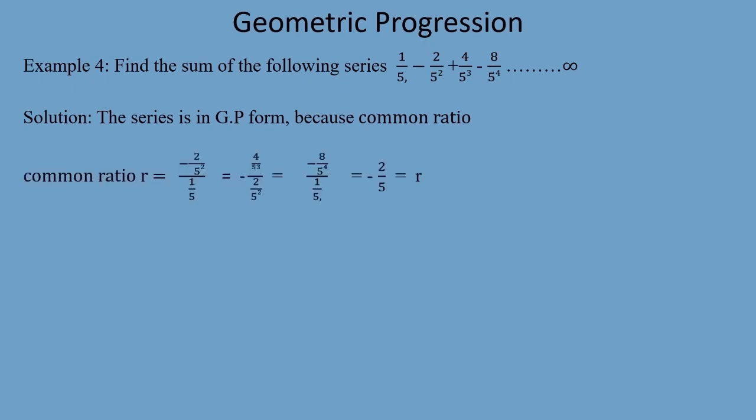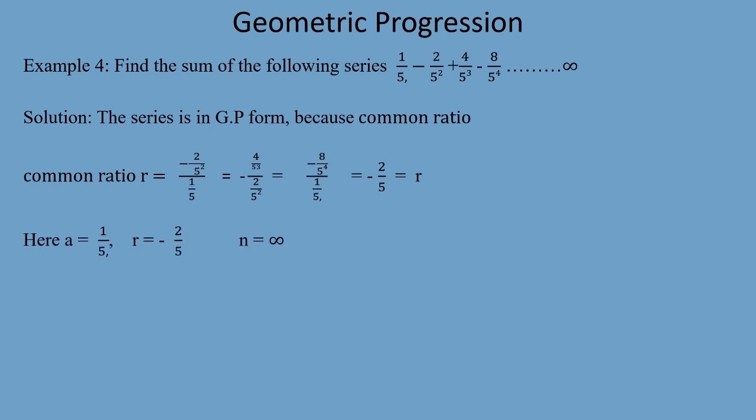Common ratio r is equal to minus 2 by 5 to the power 2 divided by 1 by 5, is equal to minus 4 by 5 to the power 3 divided by 2 by 5 to the power 2, is equal to minus 8 by 5 to the power 4 divided by 4 by 5 to the power 3, is equal to minus 2 by 5.